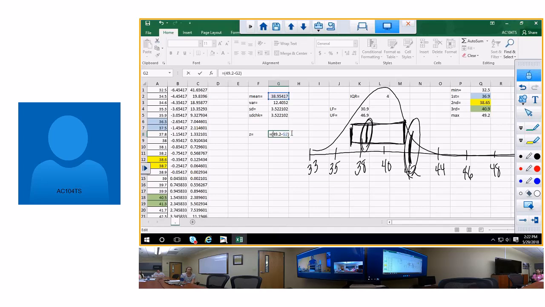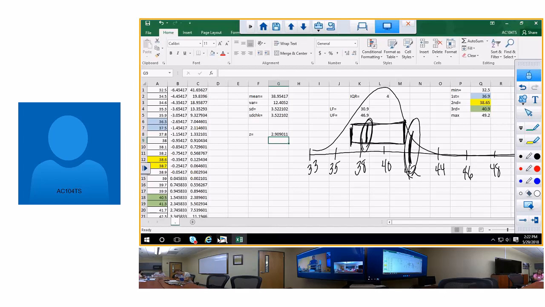Hold on a second. I'm chewing bubble gum and walking at the same time. All right, there we go. So there's the z-score, 2.91. Write that down. That's for 49.2.